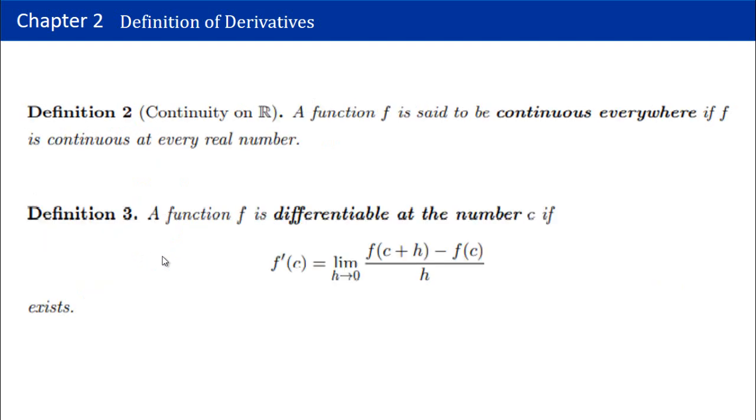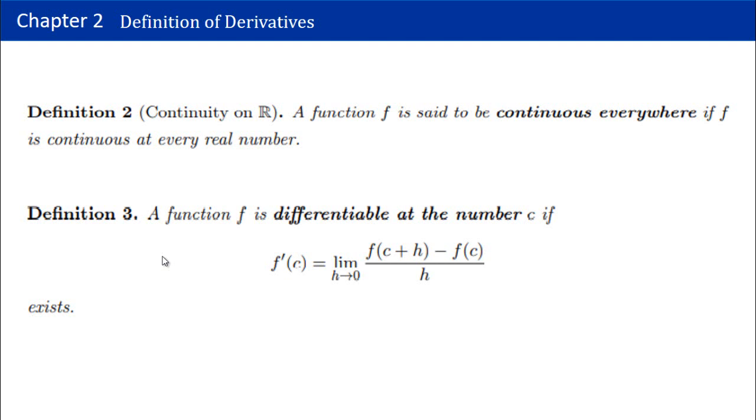And we also defined continuity on the real numbers. We say that it is continuous everywhere if it is continuous at every real number, because the domain is all x in the set of real numbers. The third one is a very important definition: if a function f is differentiable at a number c, then the limit exists as h goes to 0 of f of x plus h minus f of x over h.